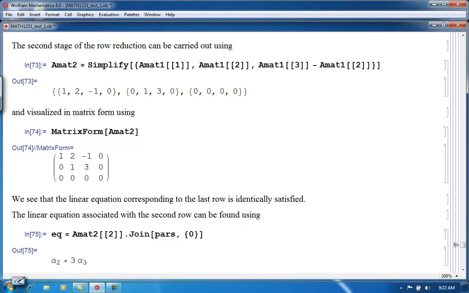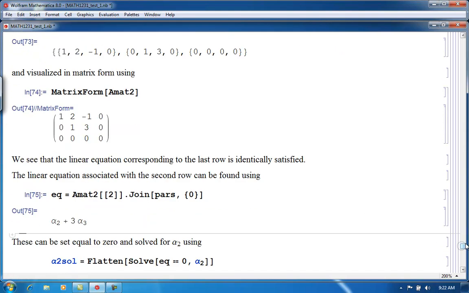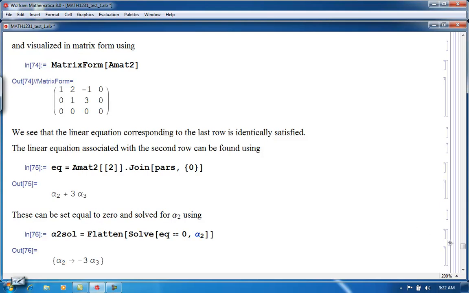That's an equation involving alpha 2 and alpha 3. That has to be 0, and so we can set that equal to 0 and solve it, say, for alpha 2, giving that.